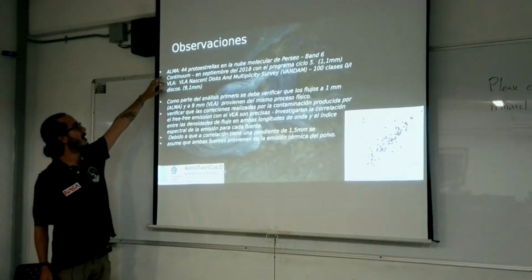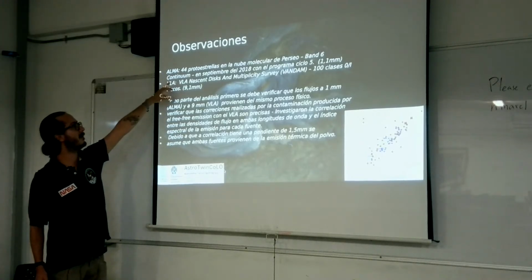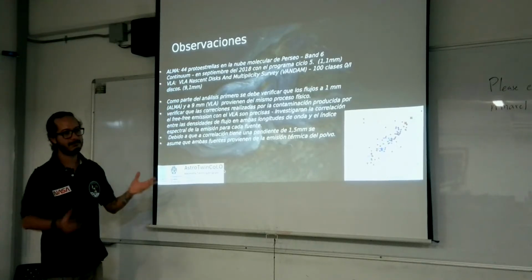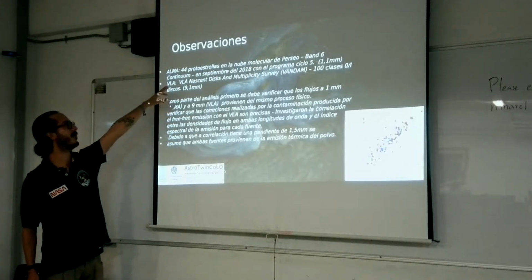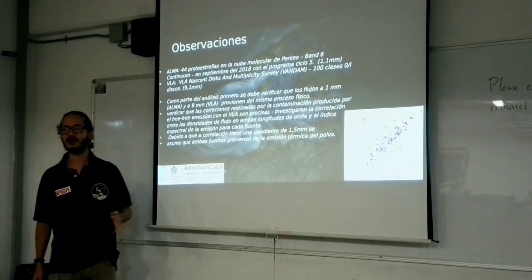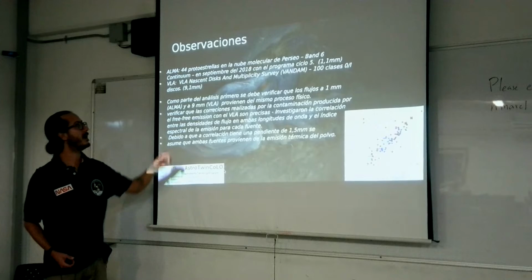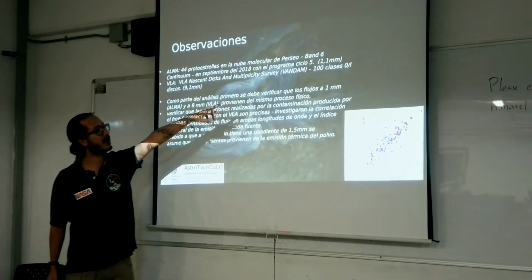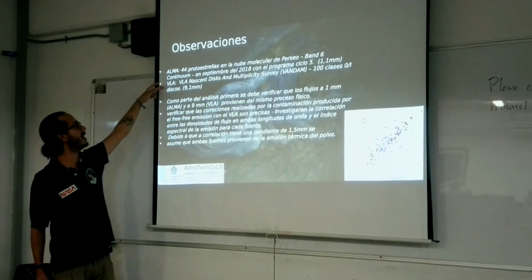They take observations in ALMA for 44 class 0 and class 1 protostellars, and review at 1.1 millimeters and in the VLA.